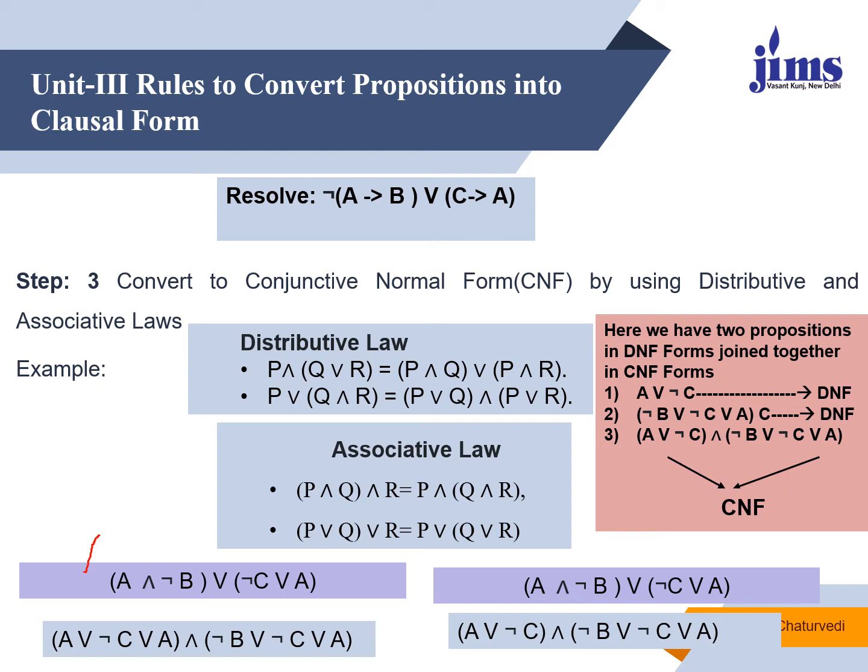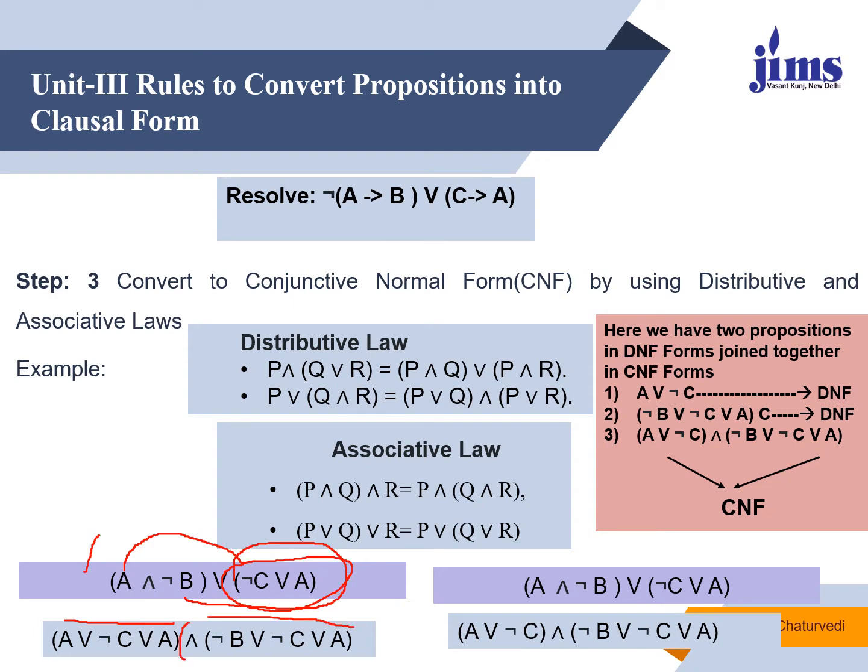So we reached this step wherein proposition A and not B within one bracket, then or symbol, then not C or A. This given set of propositions can also be written as A or not C or A, using distributive law. Then the symbol of and, then we will write not B along with this set of propositions, not B or not C or A. Now these two propositions are connected with each other using AND connectors.